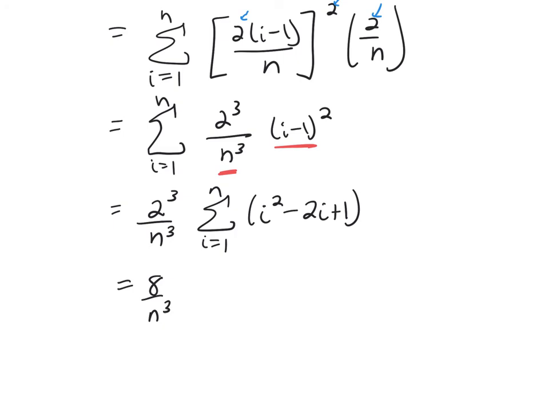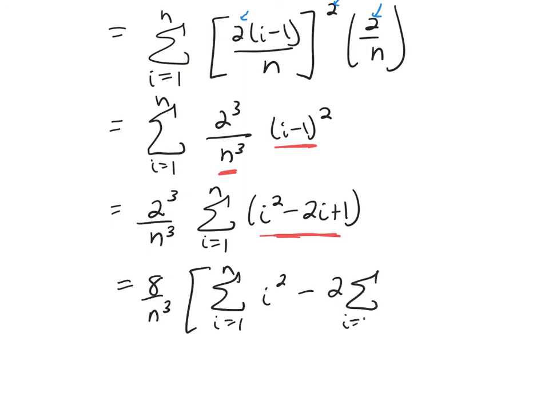And now we're going to split up the sum that's here into its separate pieces, just like we did in a previous example. So the sum of i squared minus, and I can pull the 2 out, summation from i equals 1 to n of i, plus the summation from i equals 1 to n of 1.